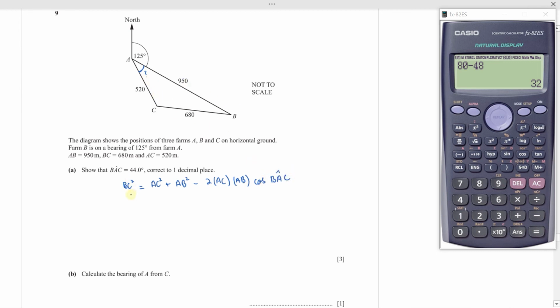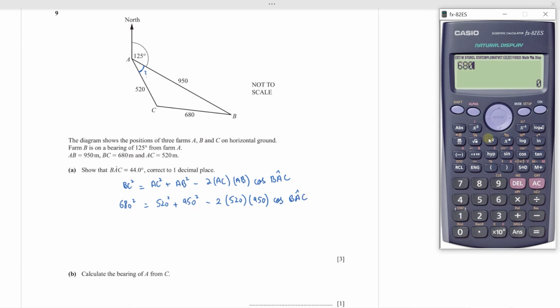So now let's substitute the values. BC is 680. So 680 square equals to AC is 520 square. AB square will be 950 square. Minus 2 into AC is 520, 950 into cos of angle BAC. So I'll take these to this side.